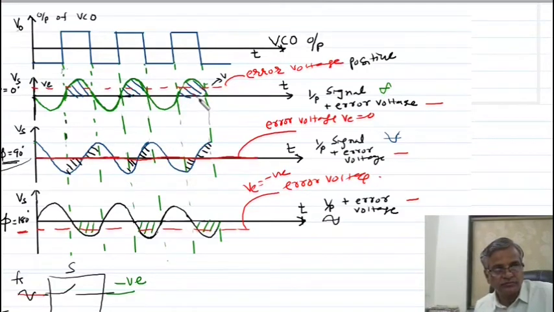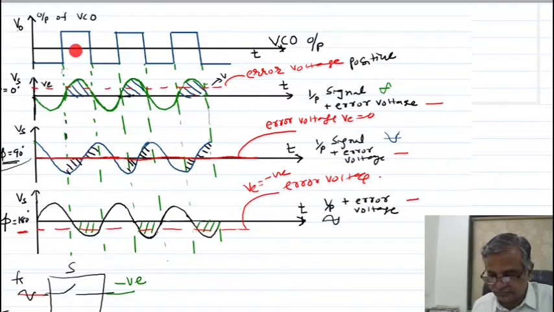half sine wave. Let us discuss again. This is your output of the VCO. This is the input signal.